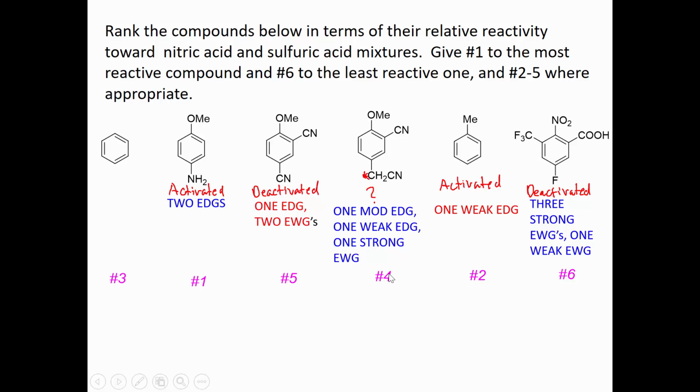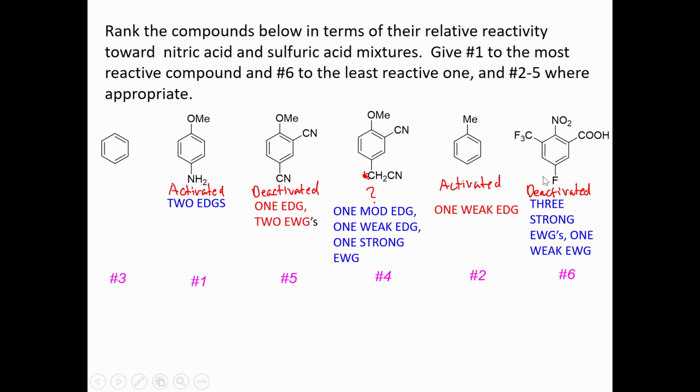All right, we're going to do this one number 4 mainly because this is a strongly deactivating group, and these are weaker, but this is where our ambiguity is, 3 versus 4. It's not clear whether benzene would be ahead of this one or behind this one. Definitely this one here is not as deactivated as the one on the far right, so we're going to put this one as number 5.